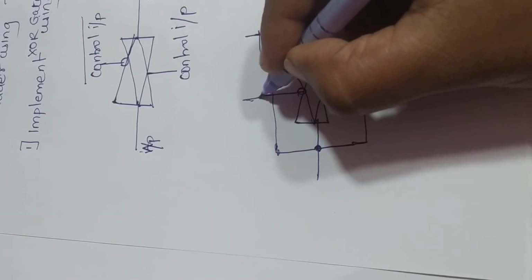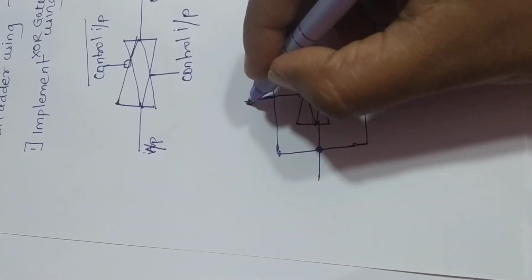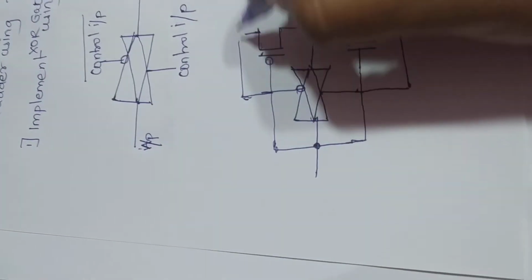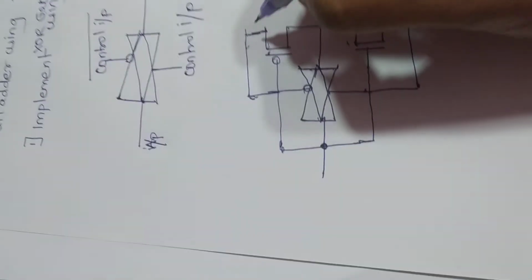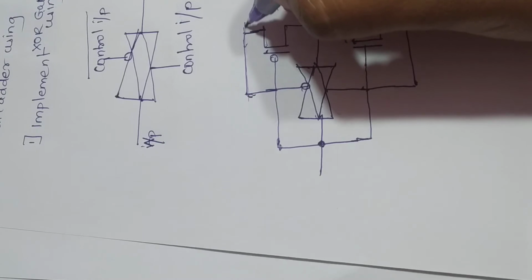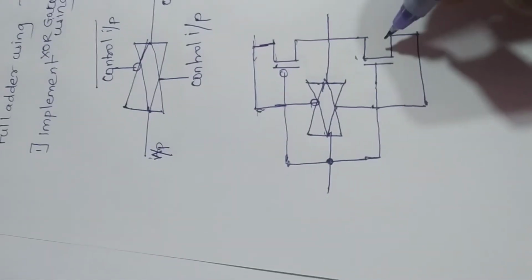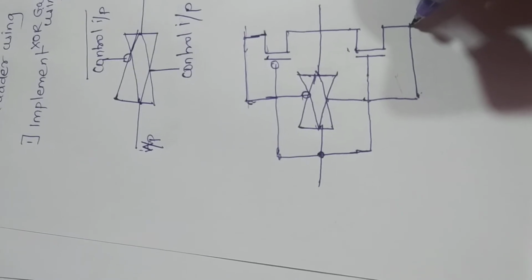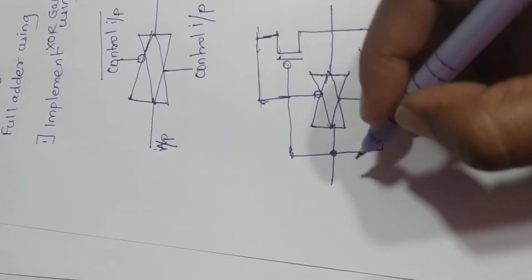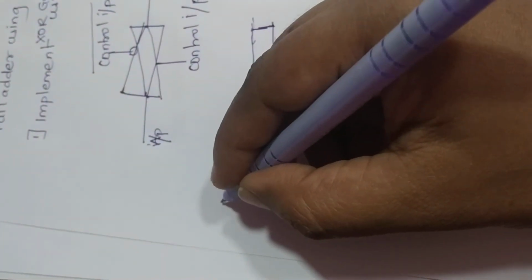Similarly this PMOS input, that is the other control input, is connected to this point. This point is connected to the VDD of the CMOS inverter, and this point is connected with the ground of the CMOS inverter.